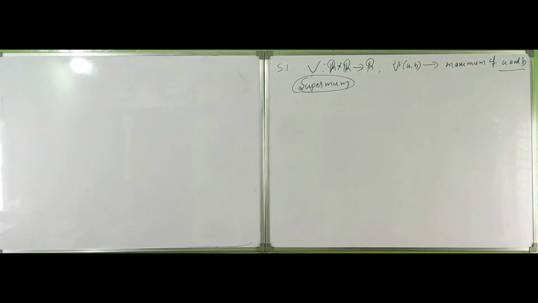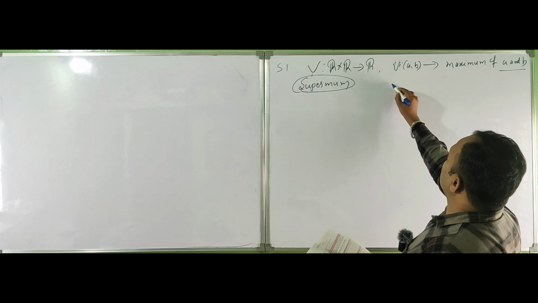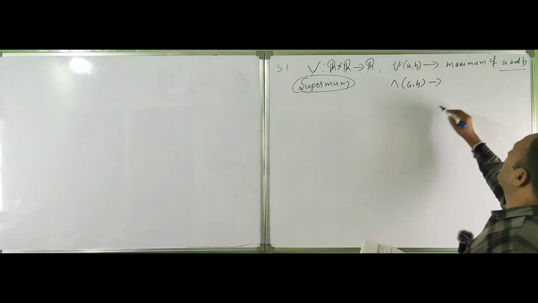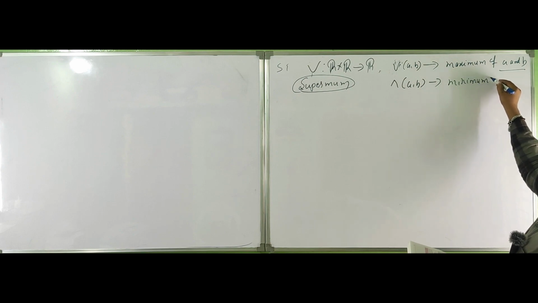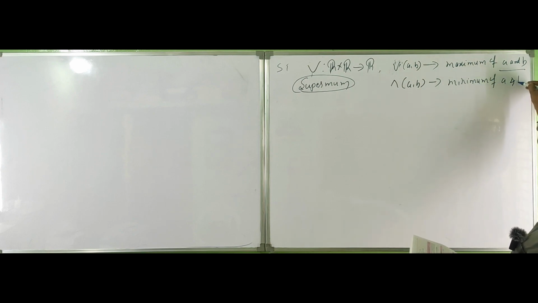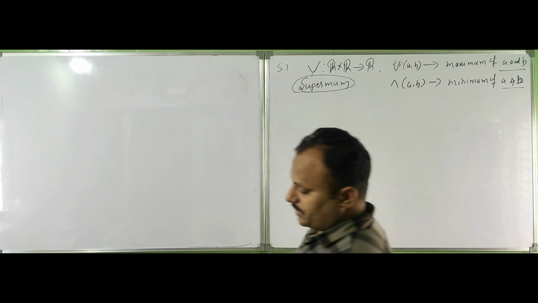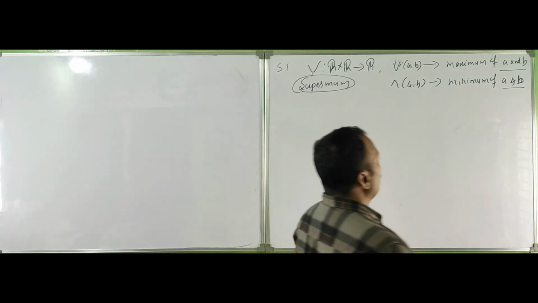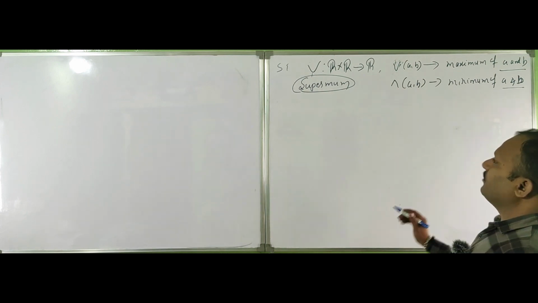It is a binary operation. I have to show it is the maximum of A and B, and similarly another one is the lower symbol, the minimum of A and B, or binary operations on R. So A and B is the ordered pair.